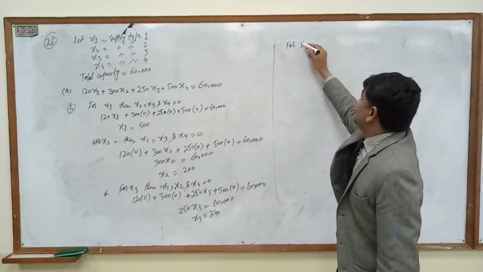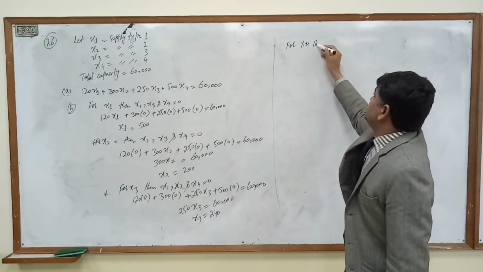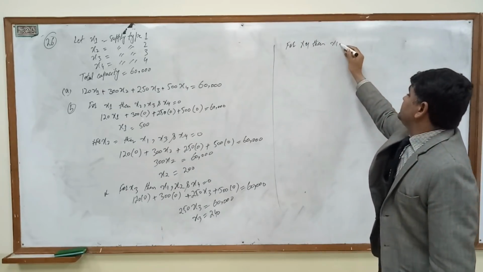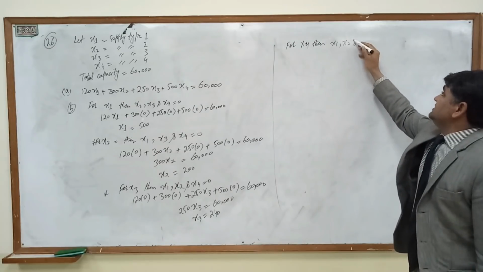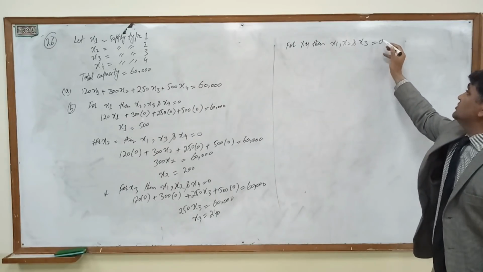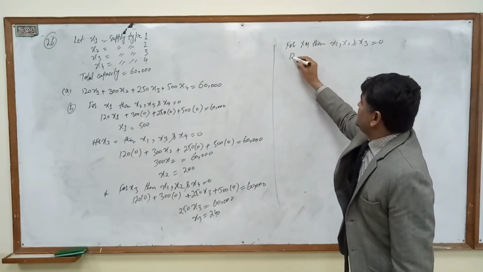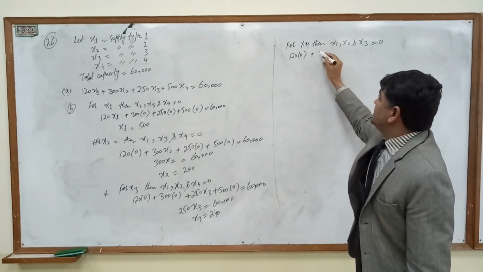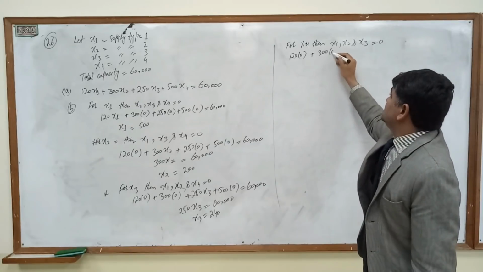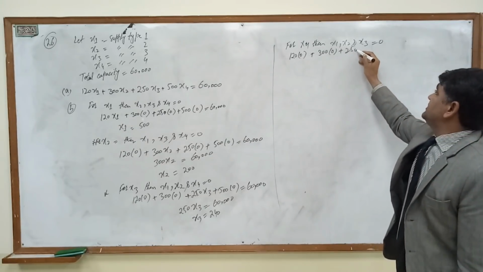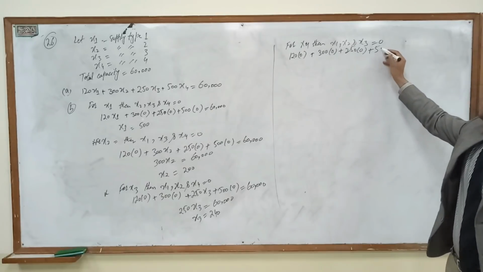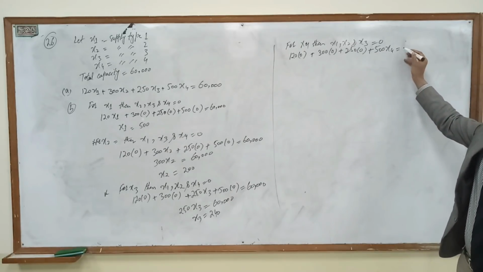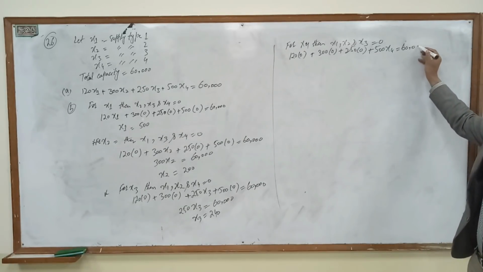Here we can find x4. For x4, x1, x2 and x3 are equal to 0. So 120 into 0, then 300 into 0, then 250 into 0, plus 500 x4 is equal to 60,000.